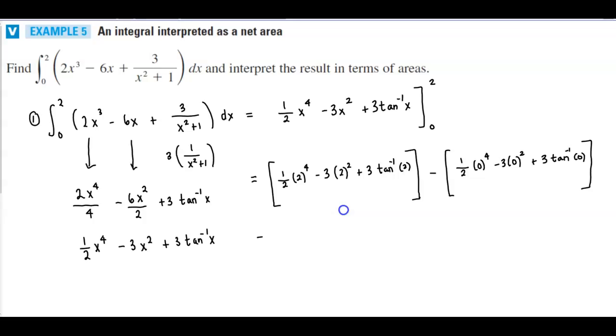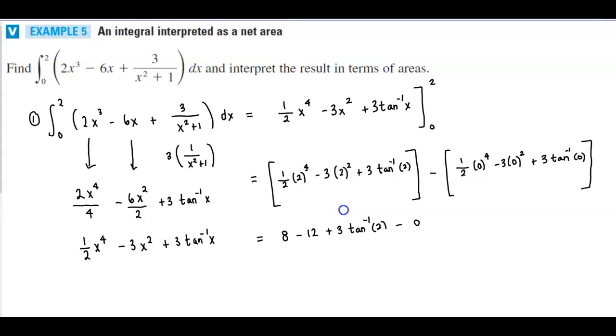Okay, so if we take 2 and raise it to the fourth power, that is 16. If we take half of 16, that's going to give us 8 minus, this is 2 squared, so it's 4 times 3, which is going to give us minus 12. And then this is going to be plus 3 times the tangent inverse of 2. And on this side, everything is going to become 0.